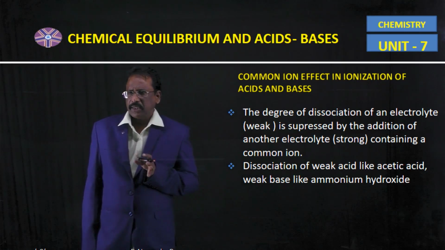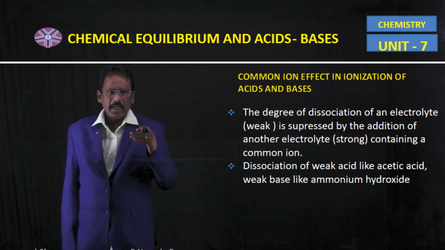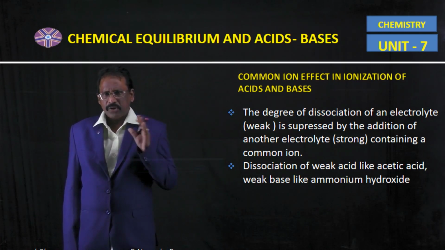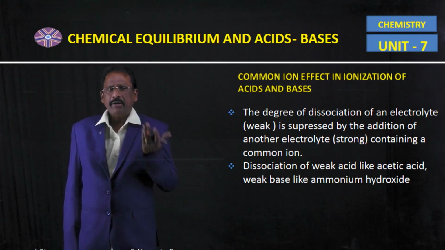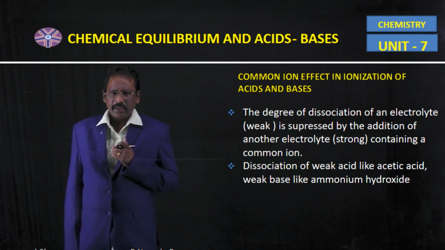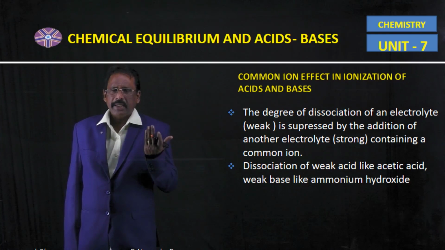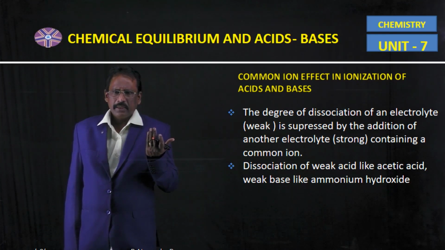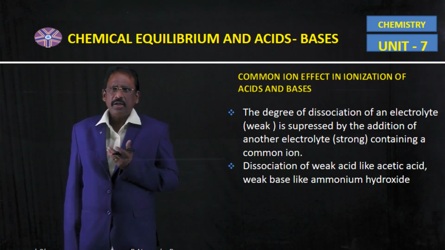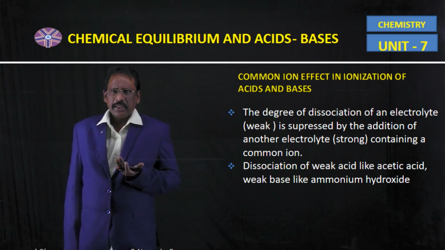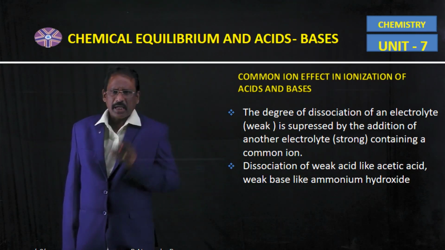So this effect is known as the common ion effect. The degree of dissociation of an electrolyte, generally a weak electrolyte, is suppressed by the addition of another electrolyte, generally a strong electrolyte, which contains a common ion.